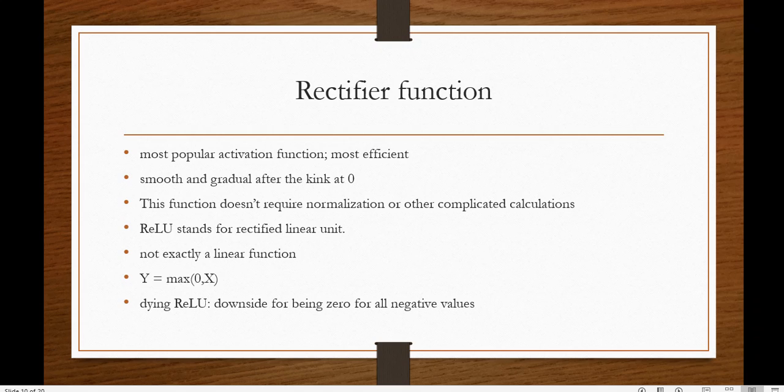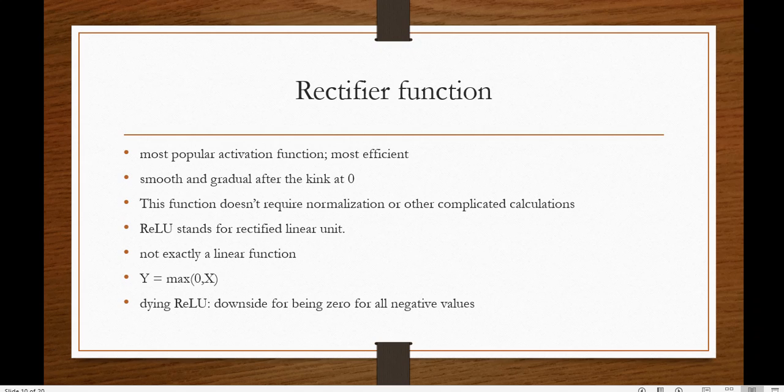Okay. Now, what is dying ReLU? Dying ReLU is the downside of being 0 for all negative values. The advantage I am getting is in the positive axis, right? When the value of x is greater than 0, every time I change the x value, I get a reflection in the y value. But when your x value is 0 or less than 0, then y is always 0.